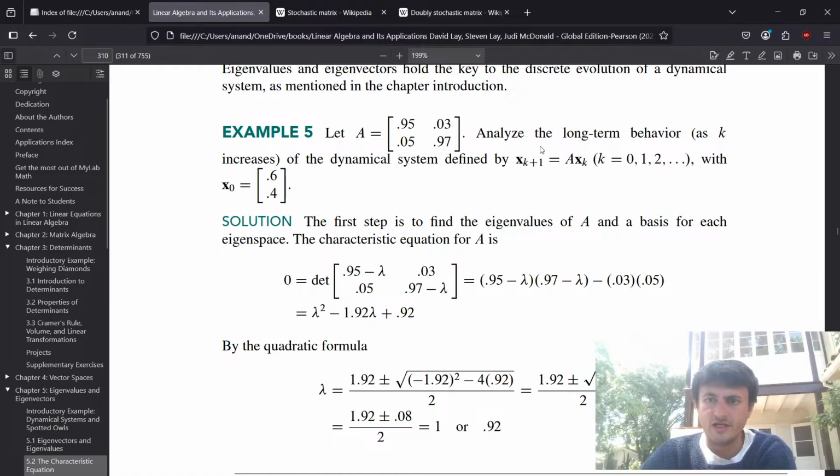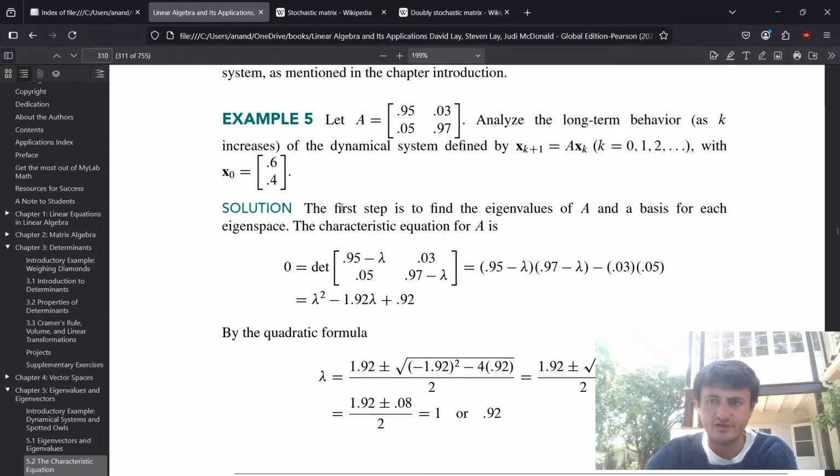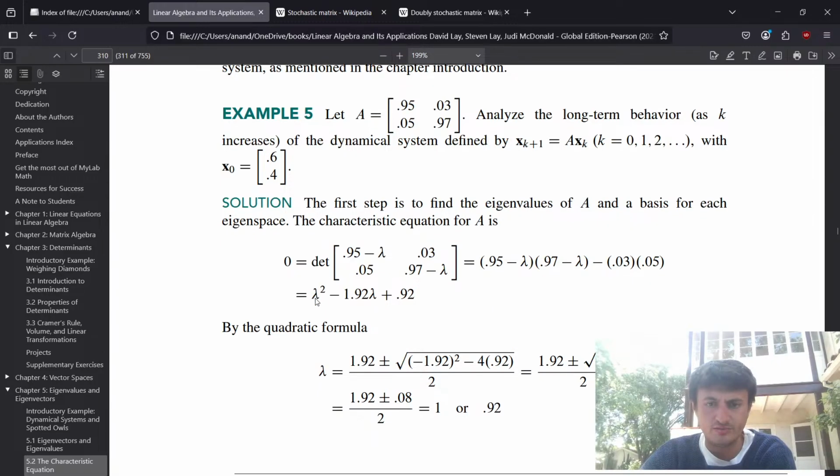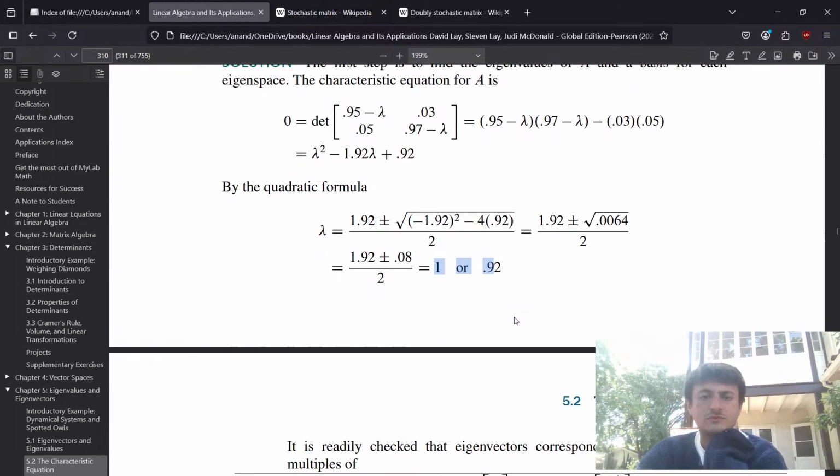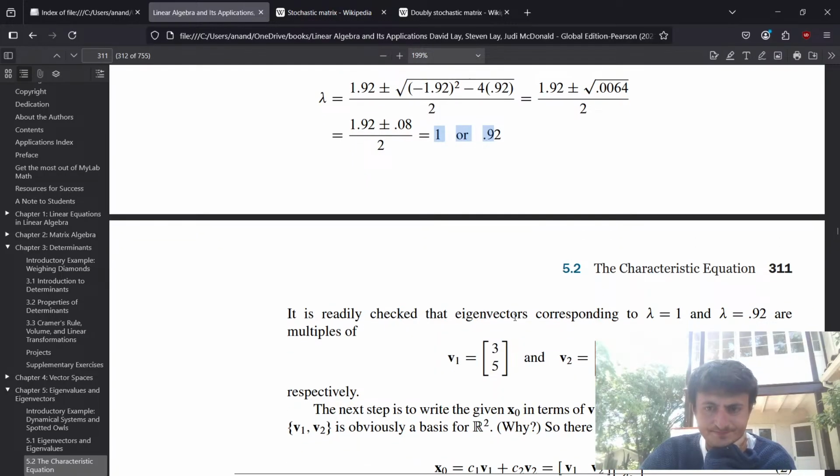Okay, so analyze the long-term behavior as k increases of the dynamical system with initial condition 0.6 and 0.4. The first step is to find the eigenvalues of A and a basis for each eigenspace. So we get our characteristic polynomial, then we use the quadratic formula to find our eigenvalues. Then they just give us the eigenvectors.